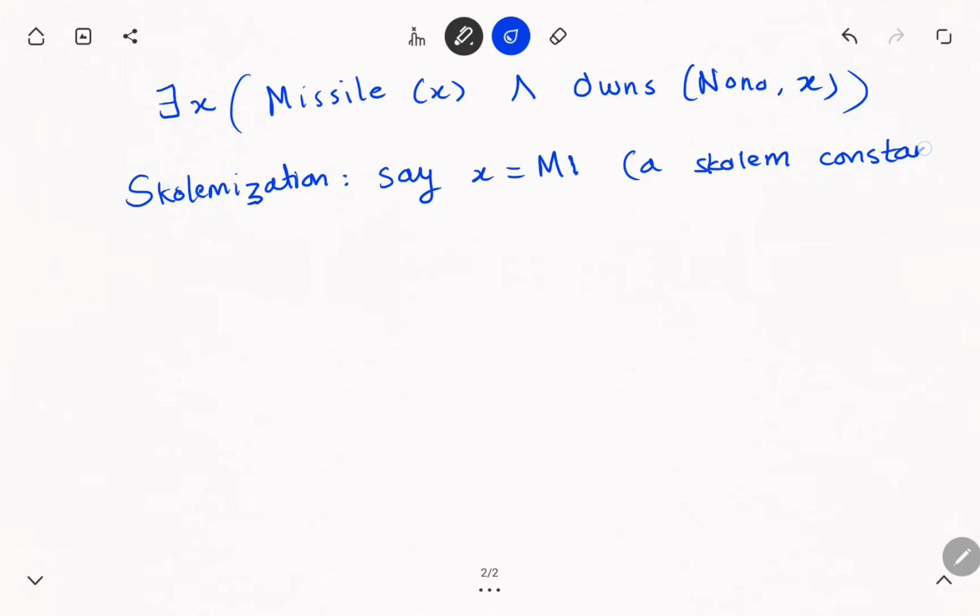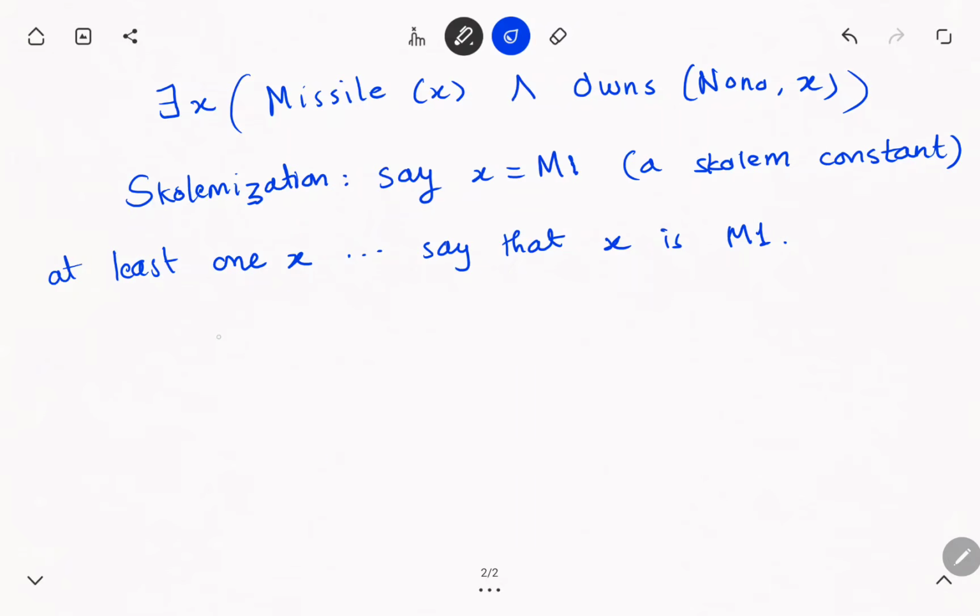Basically we are saying there exists at least one such x. So say that x is m1, so it's no longer a variable. Let's say that at least one x, that is m1. So let's say x is equal to m1.